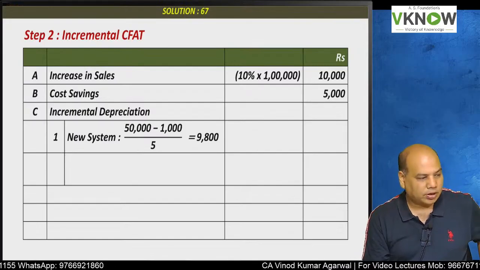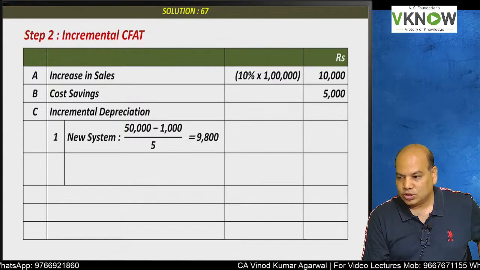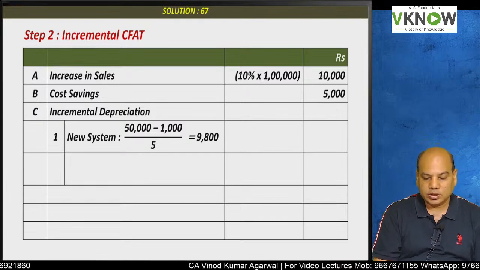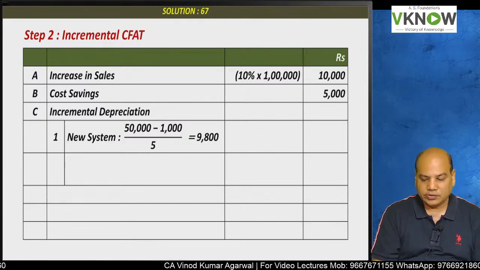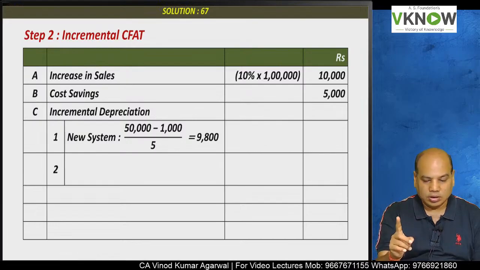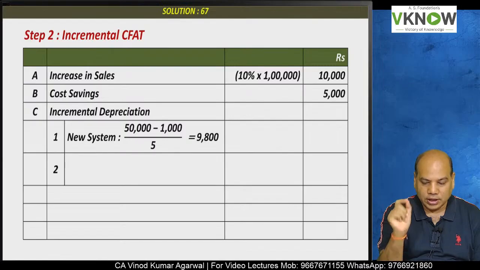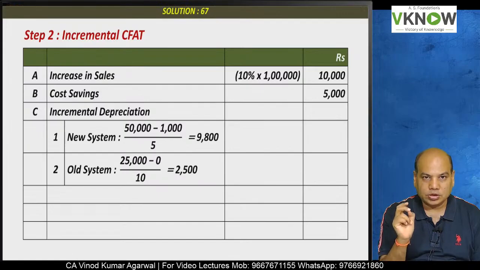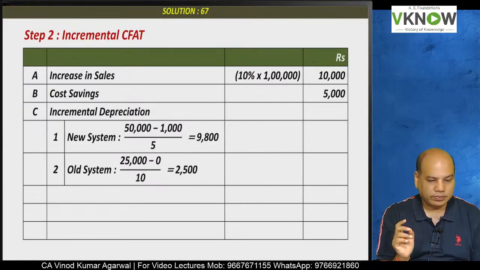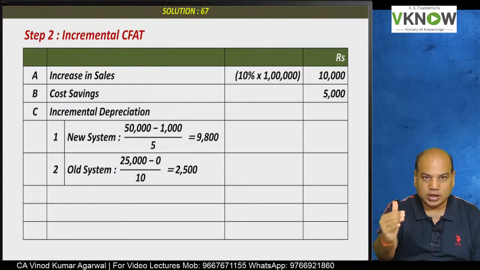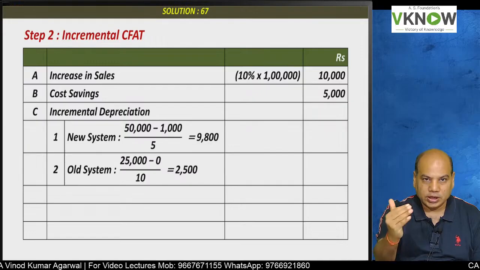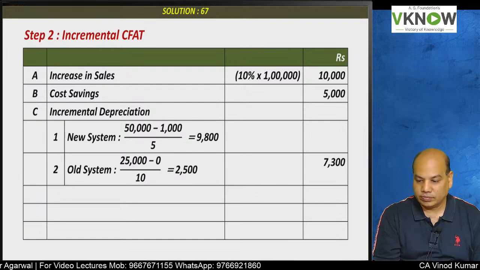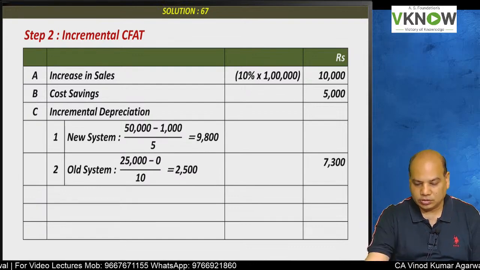Under the new system, 50,000 minus 1,000 divided by 5, that is 9,800. Under the old system, 25,000 minus 0 upon 10 years, that is 2,500. 9,800 minus 2,500 is 7,300.